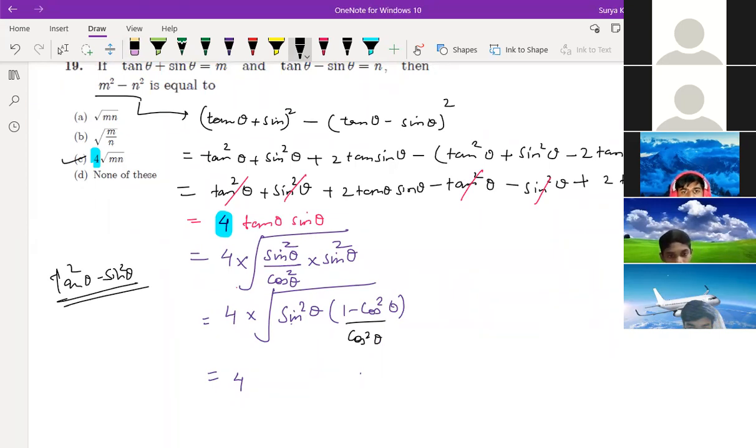We write like this, sine square theta, and here sine square theta again by cos square theta. But here, 1 minus cos square theta we can write.